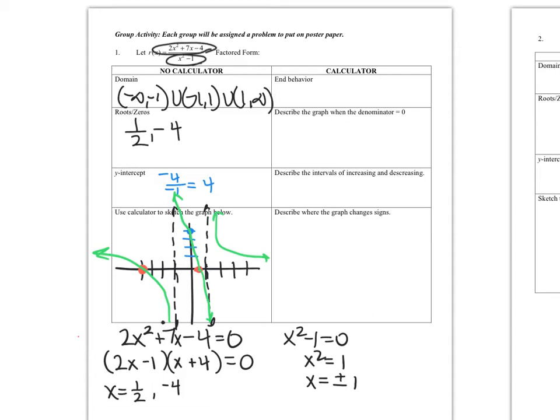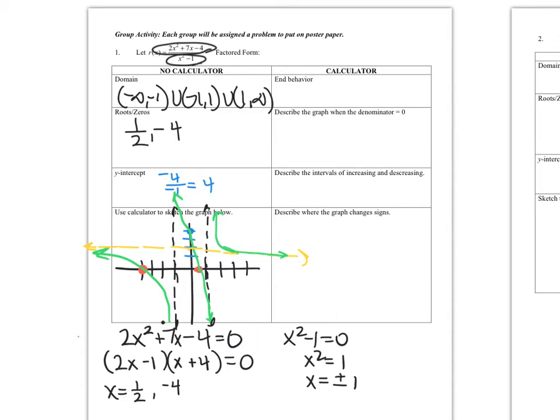What you guys haven't learned about yet is what's called a horizontal asymptote, and we will talk about that after spring break. That's this line going through here that your graph is approaching. So that green graph is not crossing it there. It is approaching it, but it's not crossing it. You don't see it on your calculator, and again, we haven't talked about it yet. So that's what our graph looks like, okay?